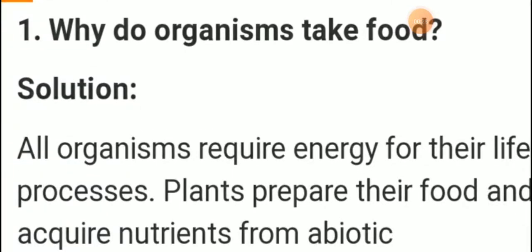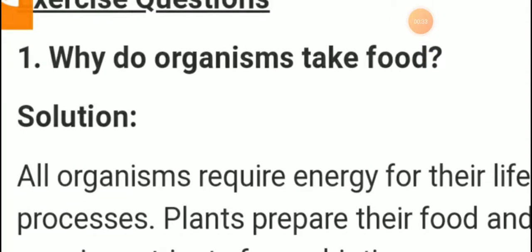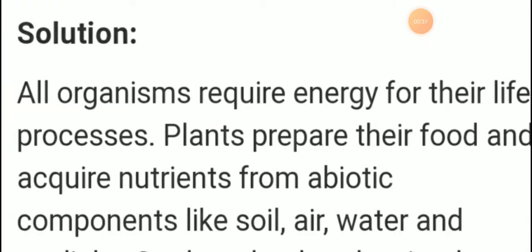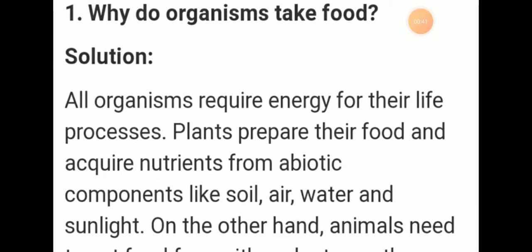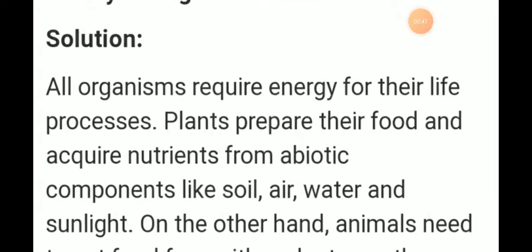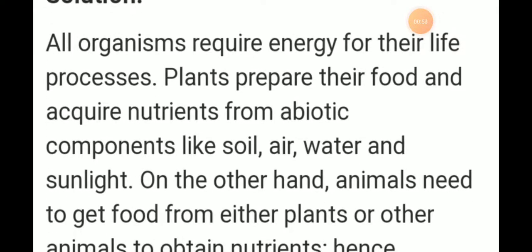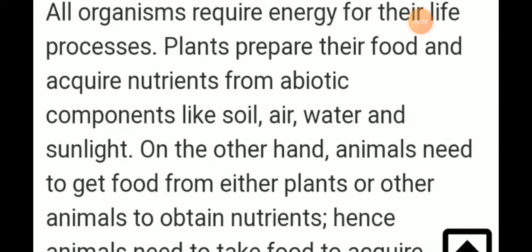The first question is, why do organisms take food? The answer is, all organisms require energy for their life processes. The plants prepare their food and acquire nutrients from abiotic components like soil, air, water, and sunlight.